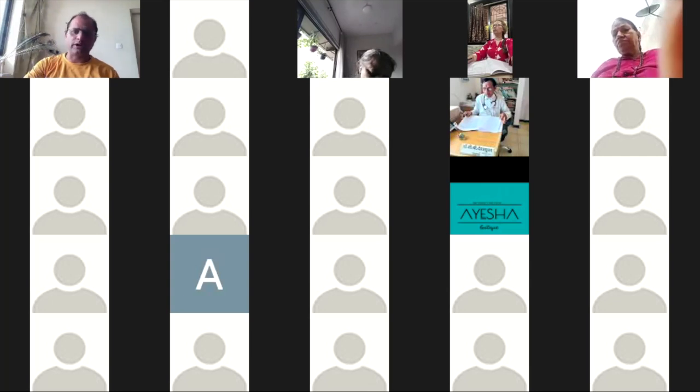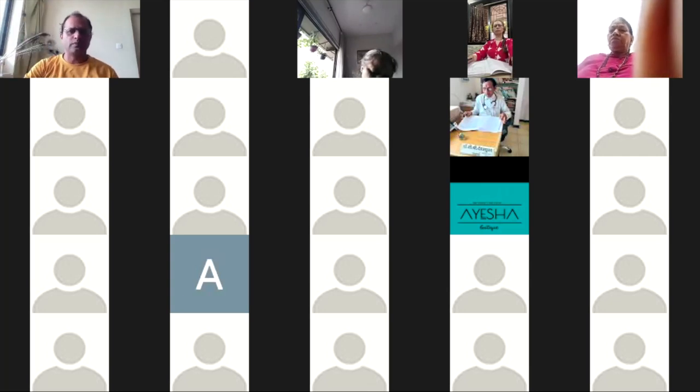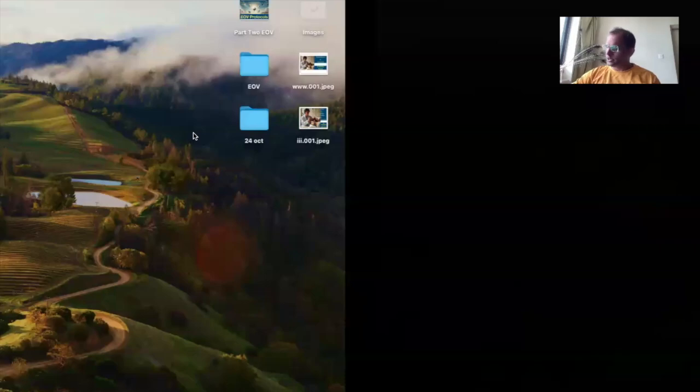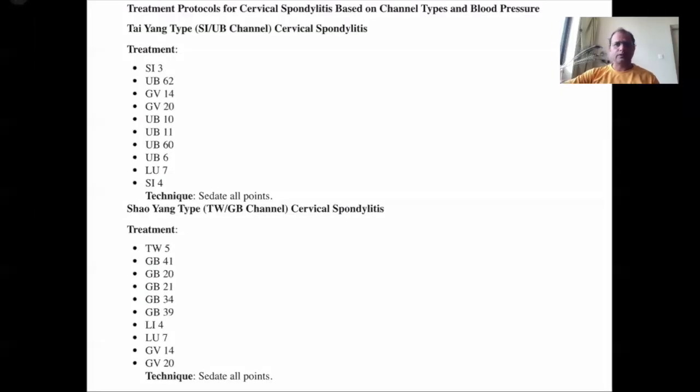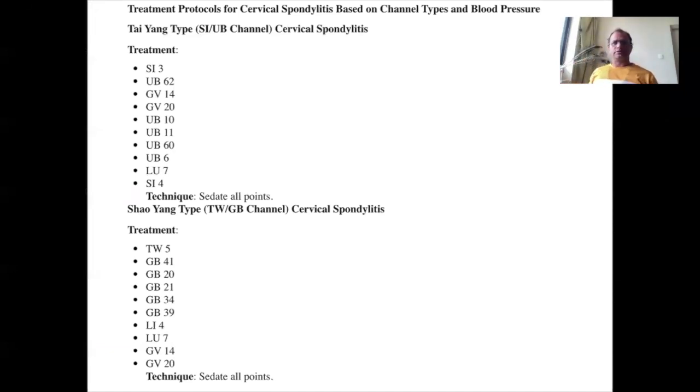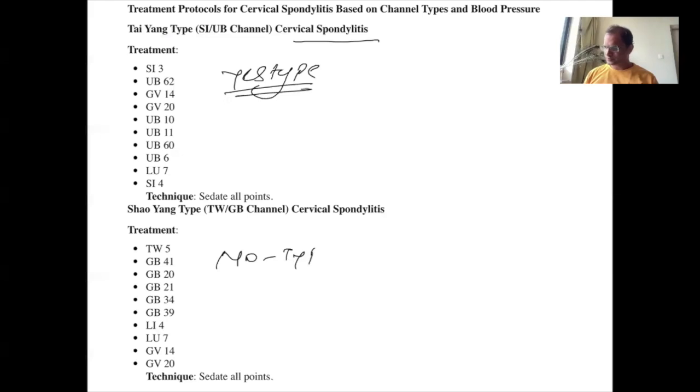Now, treatment for all types of spondylosis will remain the same, what we discussed. So we have discussed the treatment as per the yes type or the no type, whether the person has cervical spondylosis, cervical spondylitis, or spondylolisthesis, anything. So we have discussed the yes type and the no type. Okay.